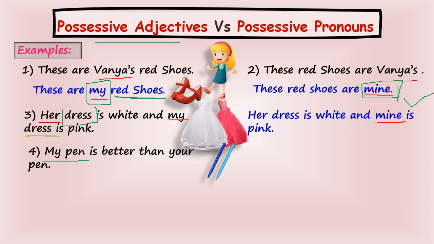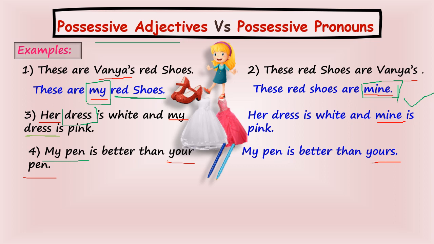Now we will change this your pen with a possessive pronoun. That means we have to make sure that there will be no noun. We are not going to use a noun after a possessive pronoun. So what sentence will come? The sentence will come, my pen is better than yours.